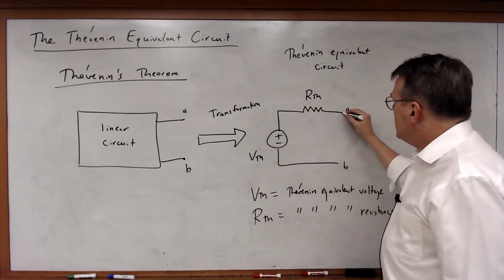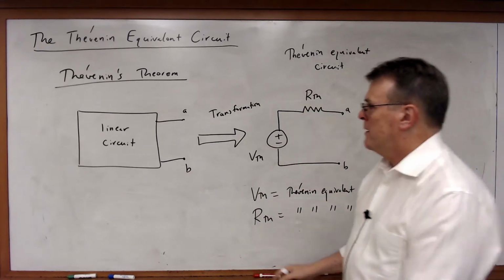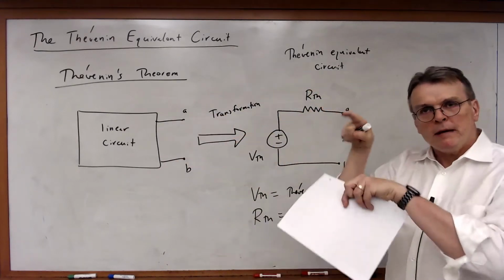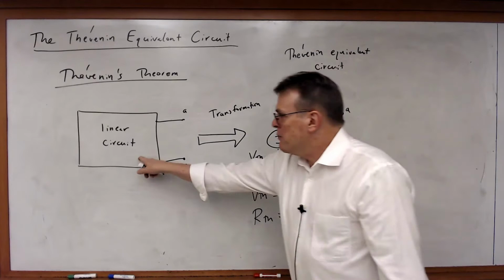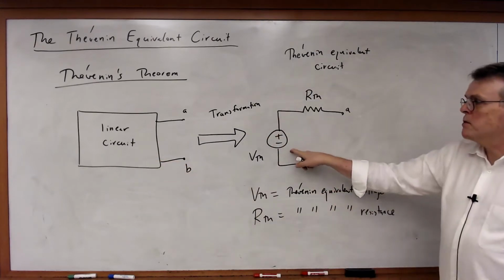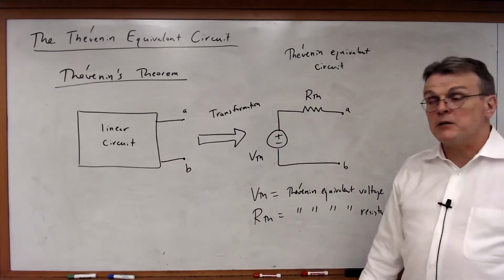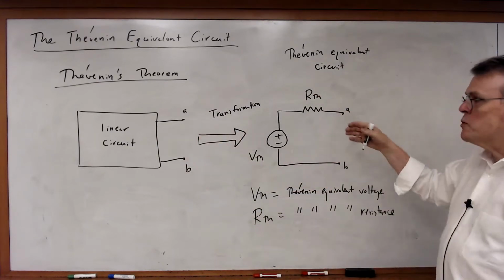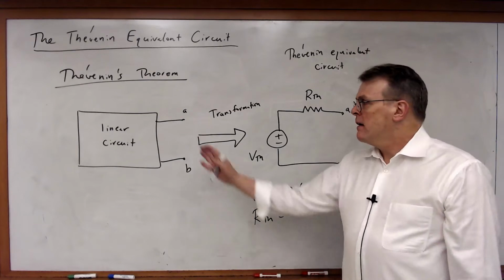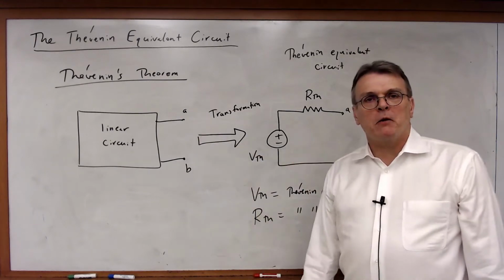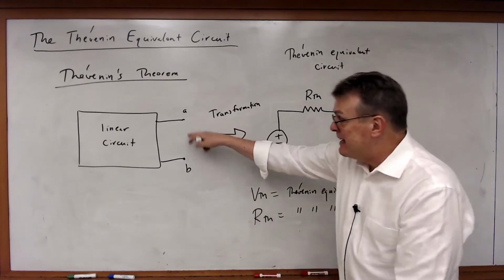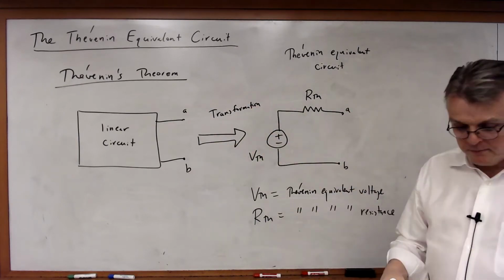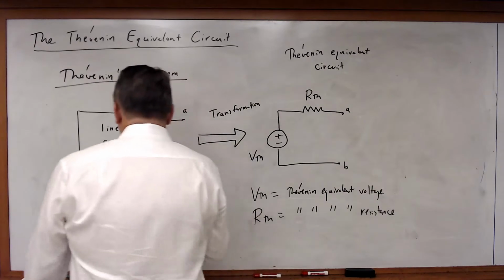So any linear circuit with two terminals A and B that are pulled out of that linear circuit can be reduced to a voltage source in series with Rth, such that if I connect any load between A and B, I'll have the same voltage and the same current. So as far as anything I connect between the A and B terminals, both circuits will behave exactly the same.